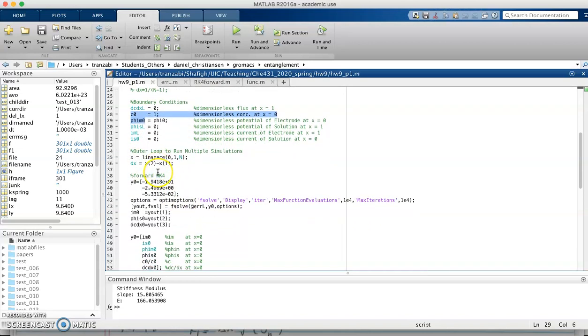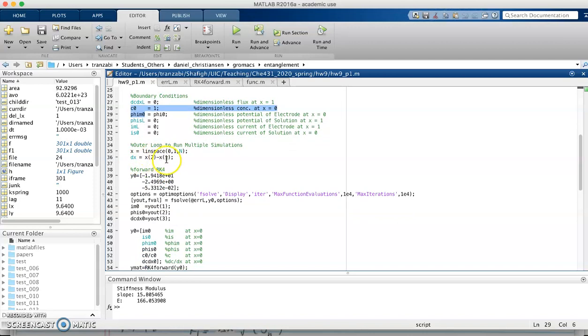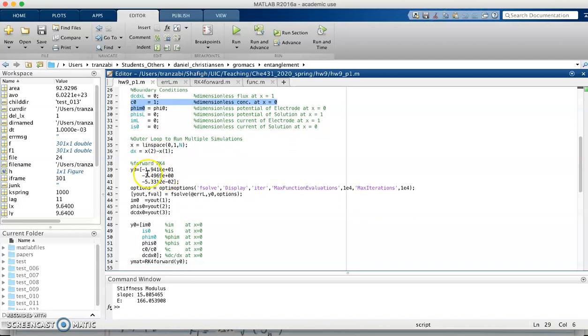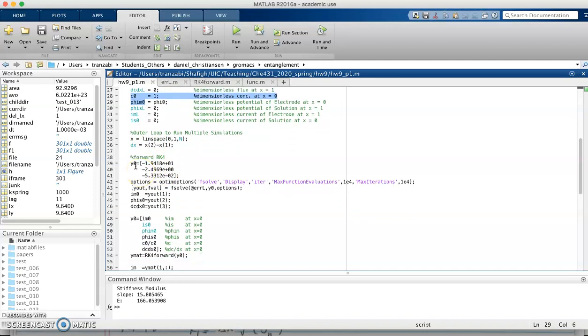Right, so we split our x, and we find our dx as the difference between 2 successive x points. We have to make an initial guess. The values that I picked are the matrix current at x equals 0, then the potential in the solution at x equals 0, and the slope at x equals 0.